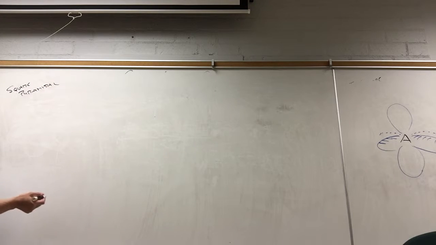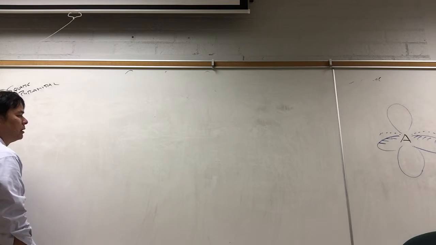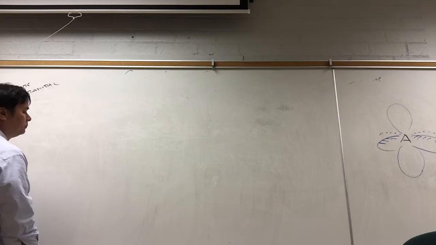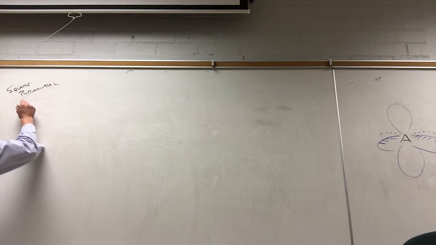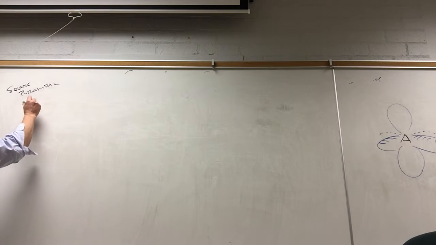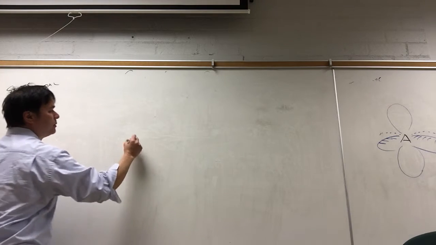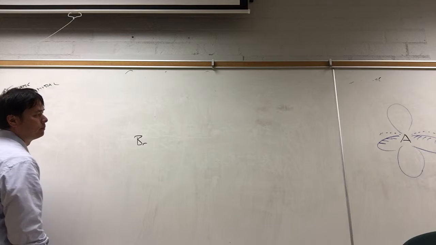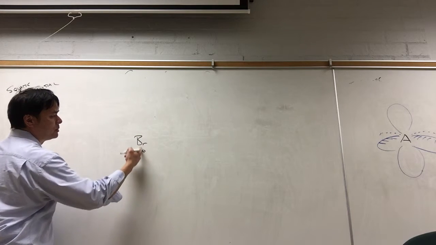Square pyramidal is when we have one lone pair. And by convention, that lone pair is written on the bottom. So we could have something like BrF5. Bromine's a big atom. Fluorines are small. And so the bromine gets stuck in the center. We'll put the lone pair in the position down.